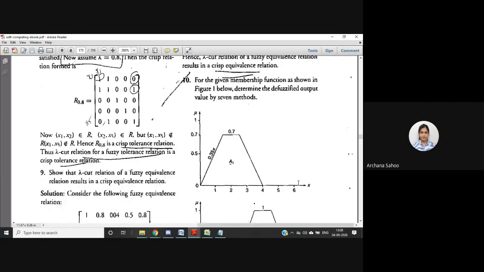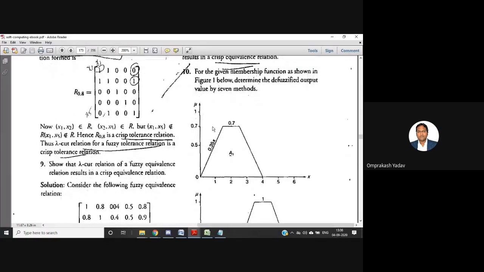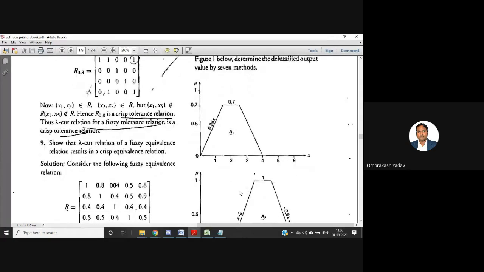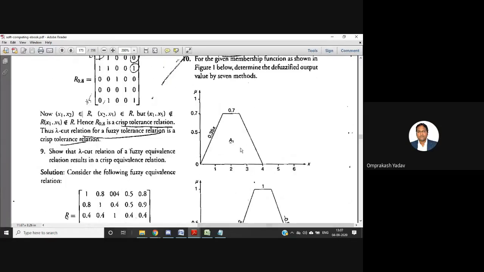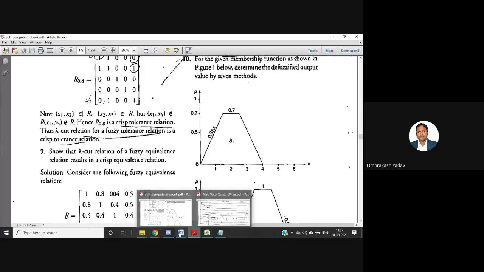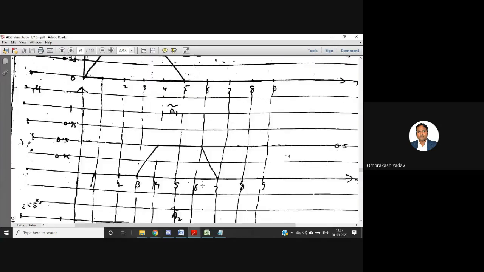Can you repeat what you just said? See, in that particular problem, 3 diagrams are there. So let's first start with the simple one. In this particular one, only 2 diagrams are there. So we'll start with this. But just wait for 1 minute, let me check whether I have the solution for this one.